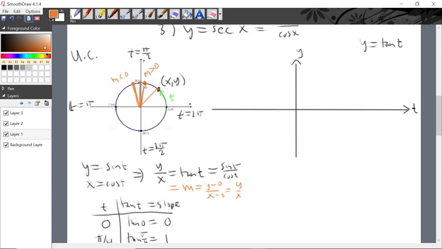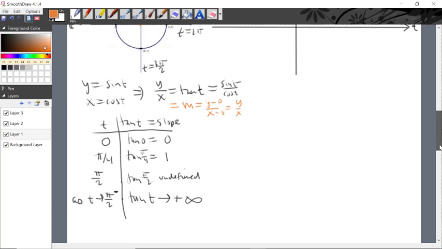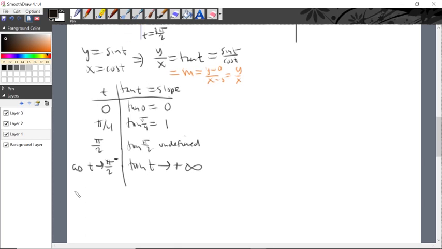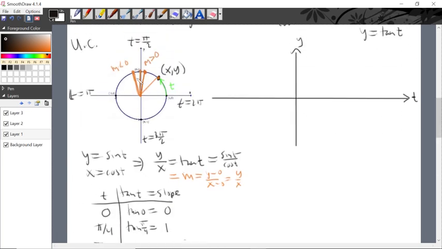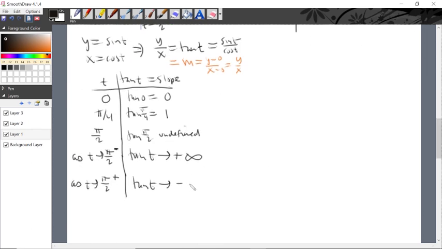And the closer this point is to the y-axis, the steeper this line is going to be, the more extreme that slope is going to be, but it's going to remain a negative slope. So as t approaches pi over 2 but remains a little bit more than pi over 2, the associated tangent of t, interpreted as the slope of that line, is very, very steep but negative. So the tangent of t would be approaching negative infinity on the other side of pi over 2.